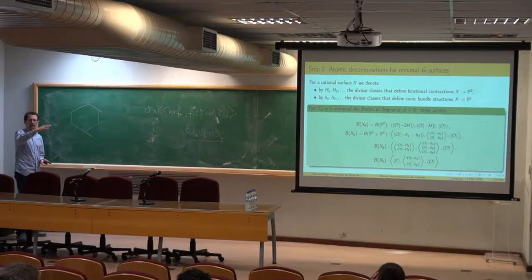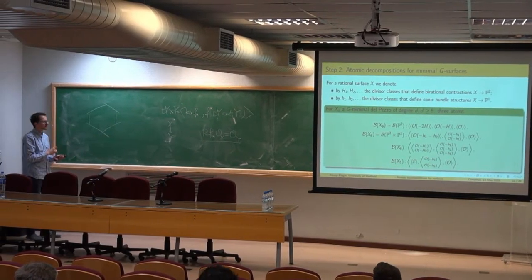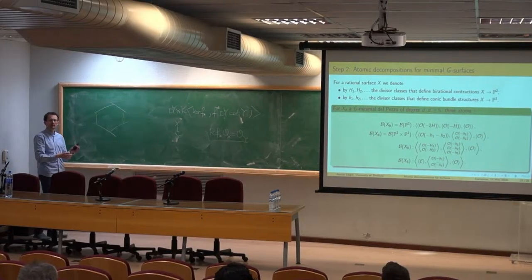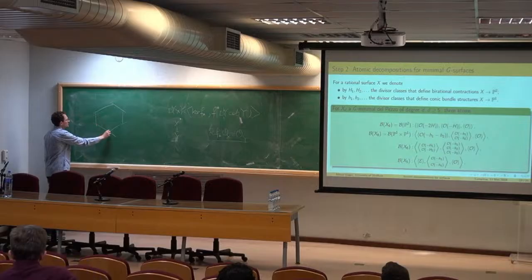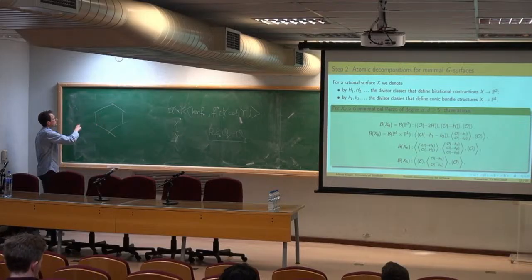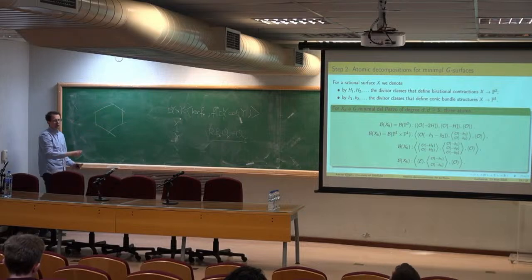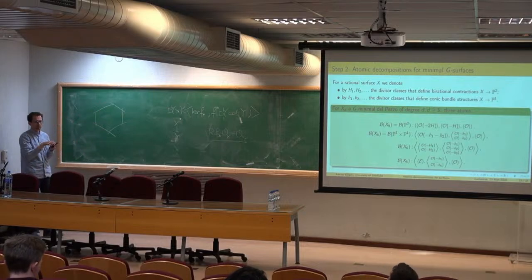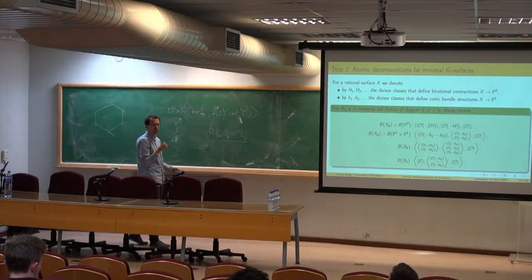If I blow up, I can blow down what I have just blown up, or I can do a Cremona transformation and blow down 3 different -1 curves. So such X has a cycle of 6 -1 curves. I can pick 3 disjoint ones and contract them and get 2 birational contractions to P2. They are given by 2 classes, H capital 1, H capital 2.